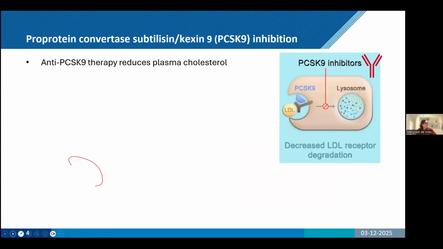PCSK9 inhibition is a therapy to reduce plasma cholesterol. One of its functions is that PCSK9 inhibitors decrease LDL receptor degradation in the lysosomes. So the LDL receptor stays on the cell membrane and can catch the LDL.